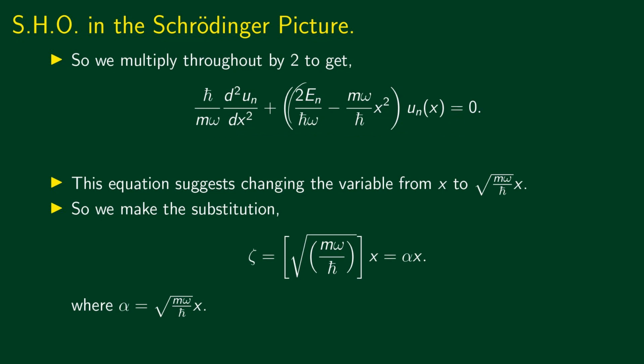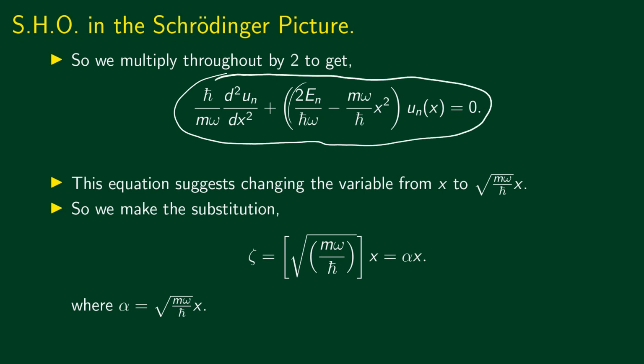Now we have brought the time independent Schrodinger equation to this form. This equation suggests changing the variable from x to square root of m omega by h bar multiplied by x. This should solve our problem.